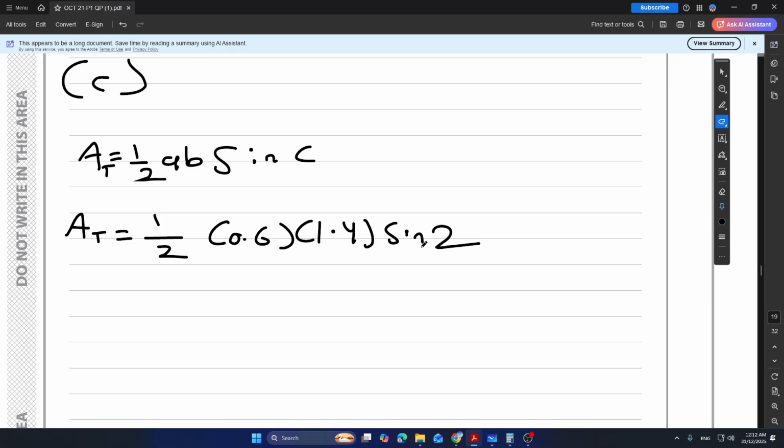Half 0.6, 1.4, sine 2 is going to be whatever this is.